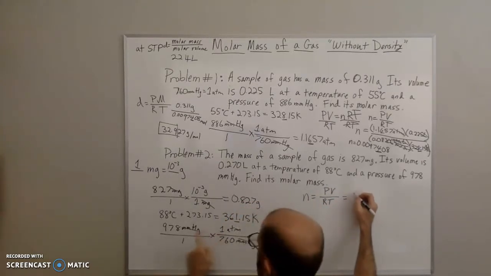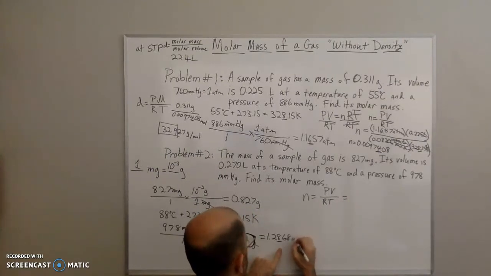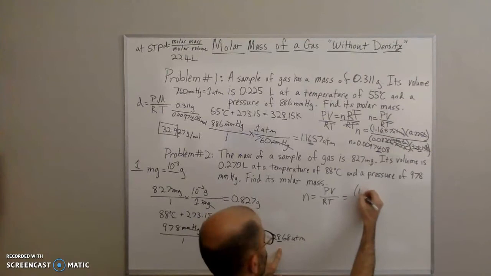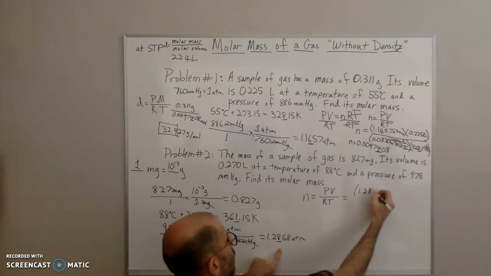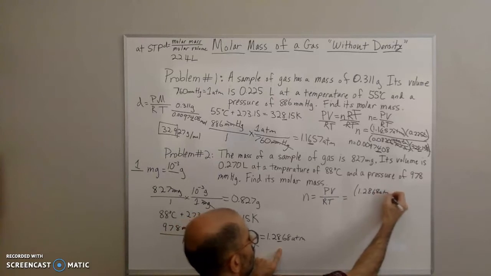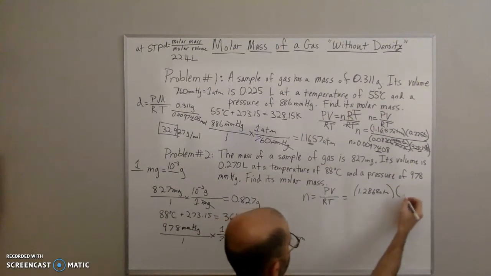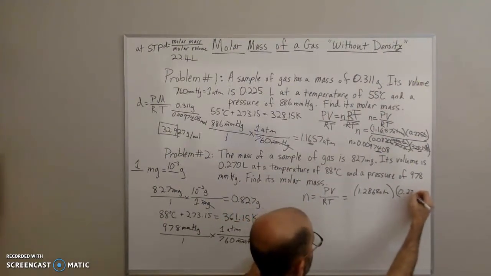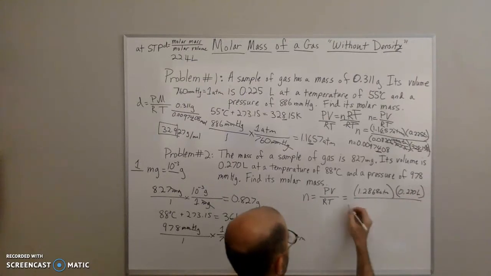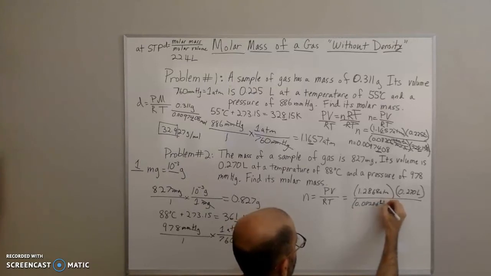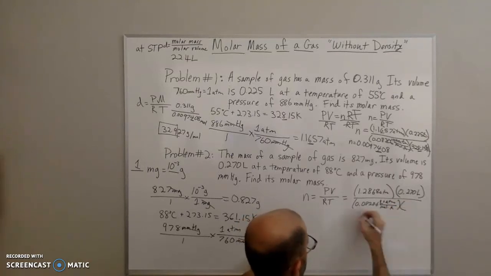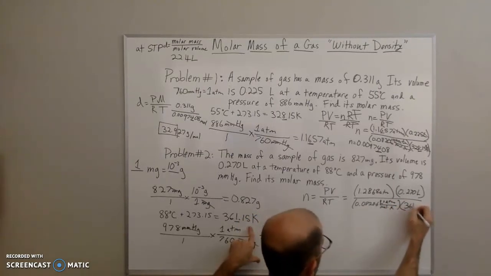The pressure is in atmospheres, so pressure is 1.2868 atmospheres multiplied by the volume, which is 0.270 liters, divided by R, 0.08206 liter atmospheres over mole Kelvin, times temperature, which is 361.15 Kelvin.